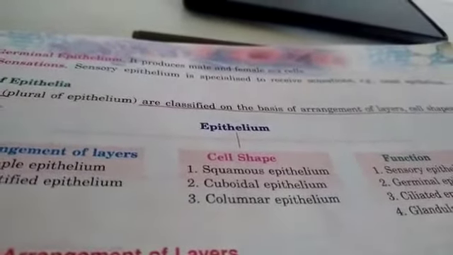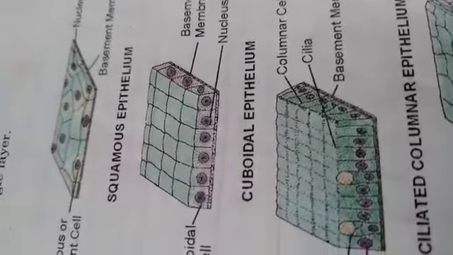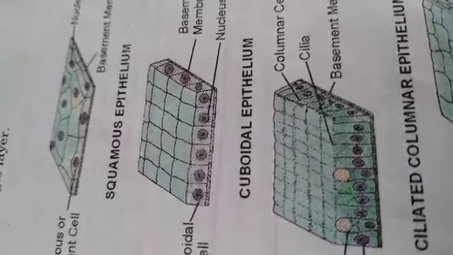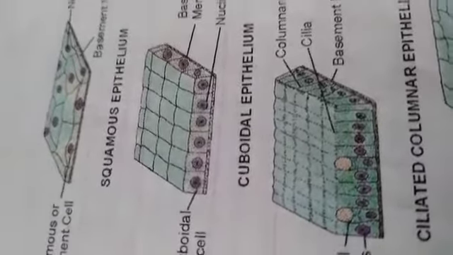Then we learn cuboidal epithelium. Here you see a cube-shaped structure, and the nucleus is round and centrally placed. Simple cuboidal epithelium occurs in the uriniferous tubules of the kidney, thyroid vesicles, and small salivary and pancreatic ducts.